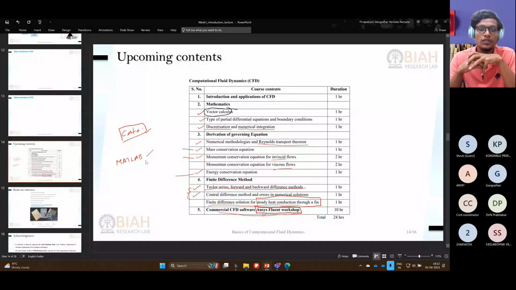I thought to cover some concepts of vector calculus that are useful for deriving the governing equations and then implementing CFD in a coding way. And then discretizations, I mean numerical integrations, like the RK method, Simpson's rule, trapezoidal rule. So it's in the plan, of course.